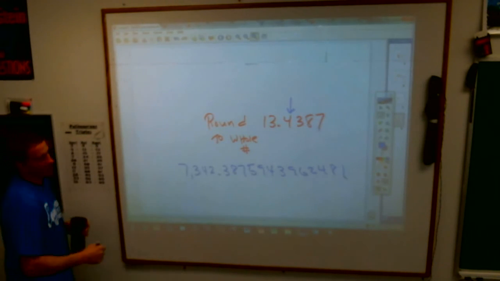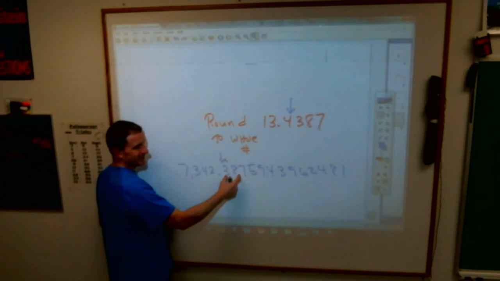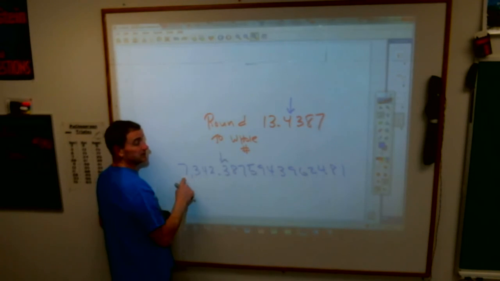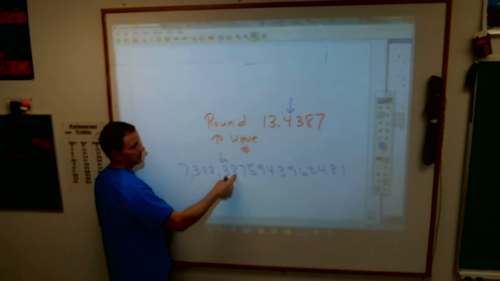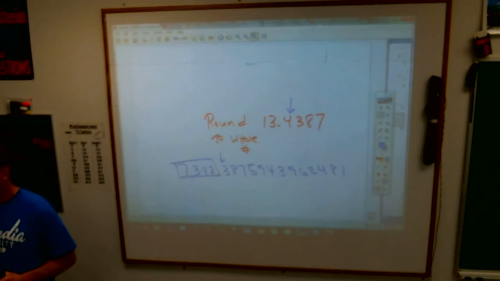Right, because nothing else matters except this one here. This is like having $7,342.38. This is 7/10 of the next cent. So if you were rounding this to the nearest penny, you'd actually make that a 9 because this one is more than half of a cent, 5 would be half. But if you're rounding to the nearest whole number, it's just that little gem right there.